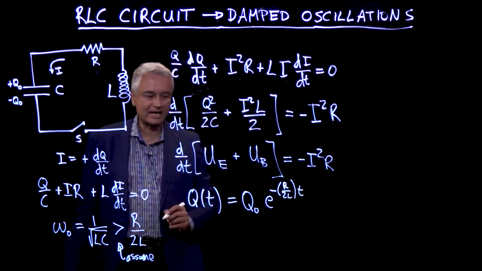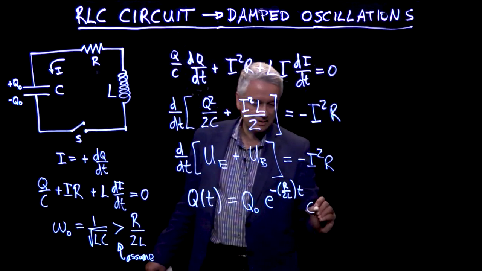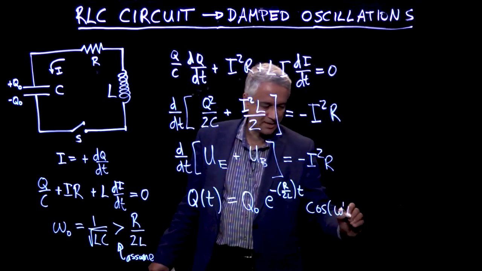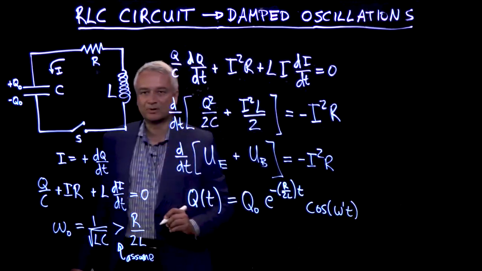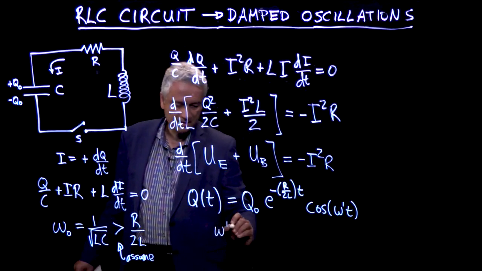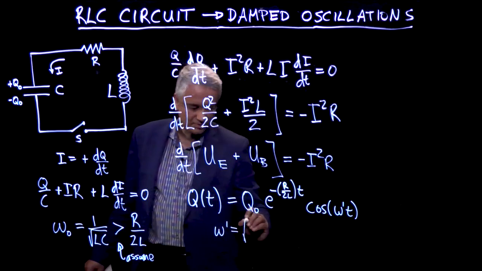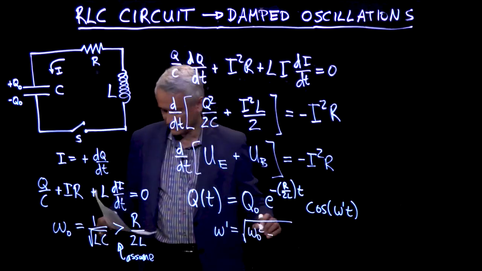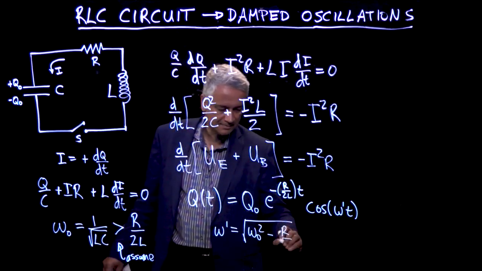There's an exponential decay times a cosine. It's not cos omega naught times time. It's cos omega prime times time, where omega prime is equal to the square root of omega naught squared minus (r over 2L) squared.